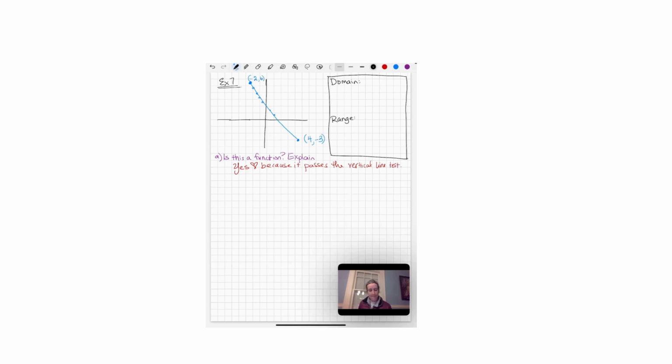Okay. Now, just like before, domain is all about the x values. It always is. But when we're talking about continuous functions like lines and stuff, we report the lowest and the highest.